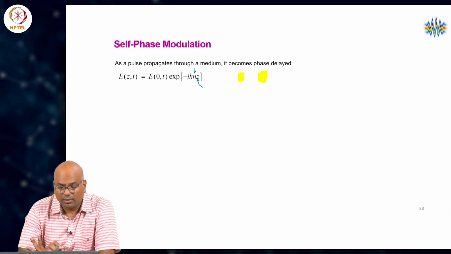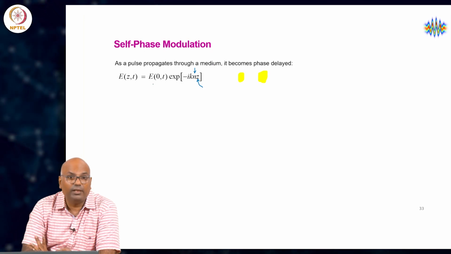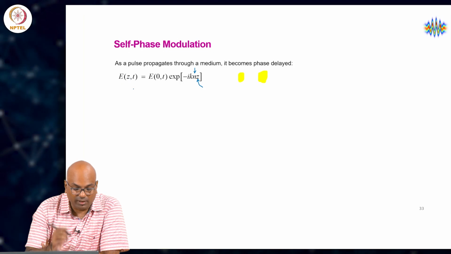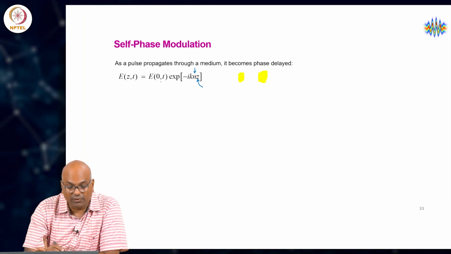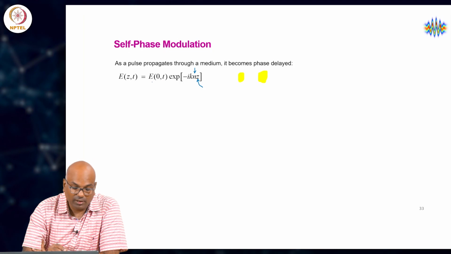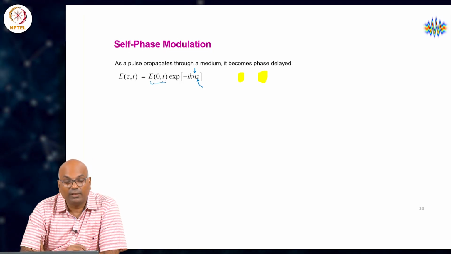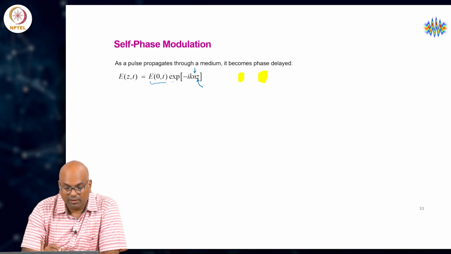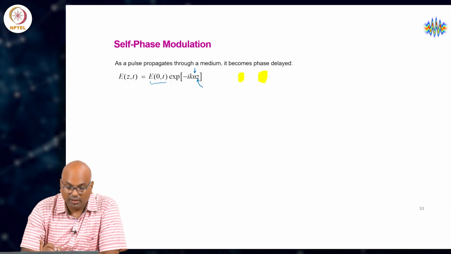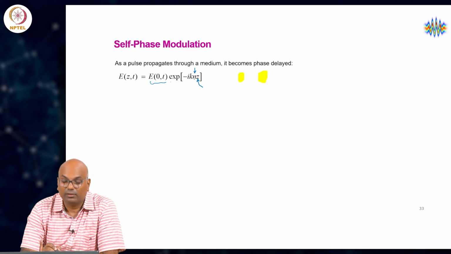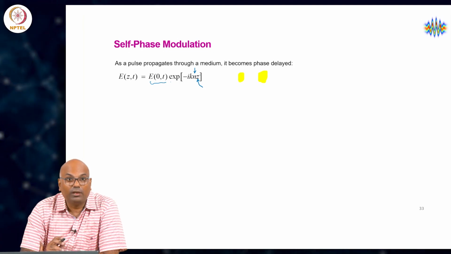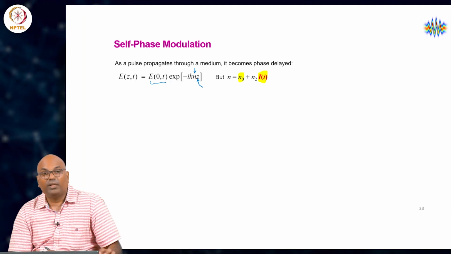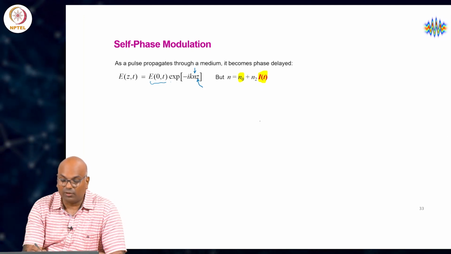The phase delayed electric field has the form E of z, t, that is at a point z after a duration t of propagation. The initial input field E0 of t is multiplied by this factor exponent of I k n times z. Remember now that n is general, it is not just the linear refractive index, that is n naught, it is n naught plus n 2 I.